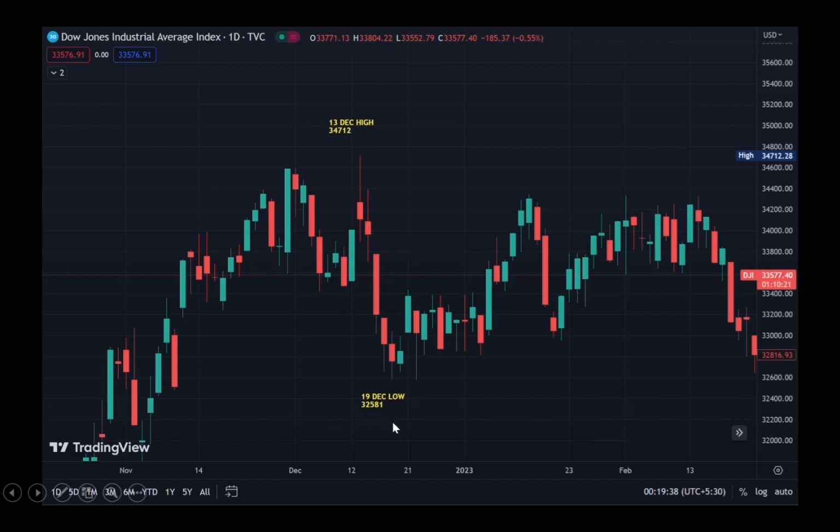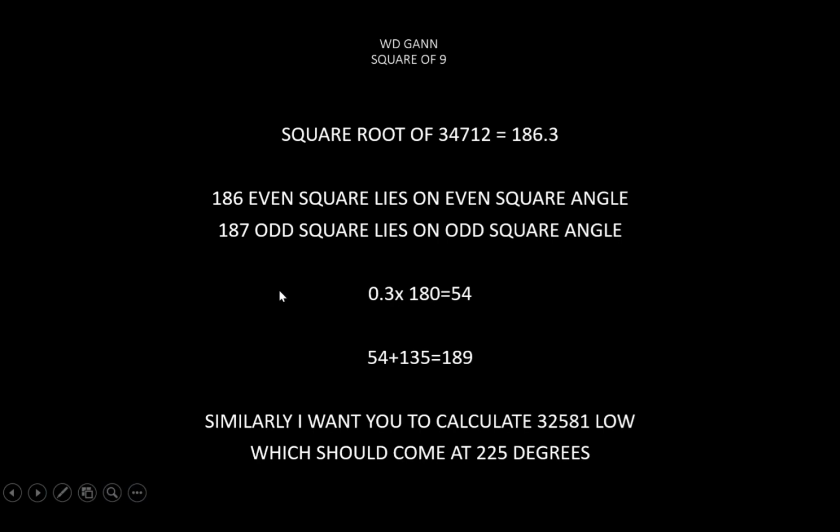We take 34712 and we find the square root, which comes to 186.3. Now we know that if the square root was exactly 186, it would have been on the even square angle. And if it was 187, it would have been on the odd square angle, right?